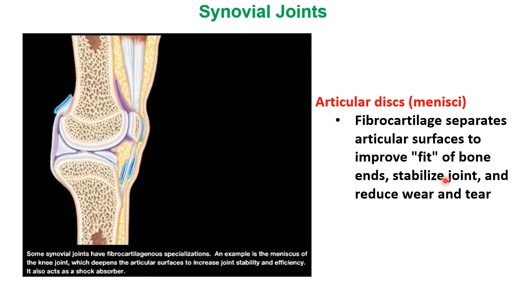They give a better fit and stabilize the joint movement, and they also help to absorb the shock during the joint usage. So they're going to reduce the wear and tear at this place of the joint.